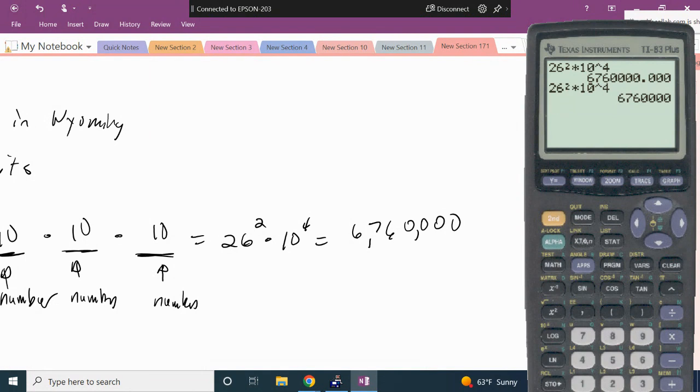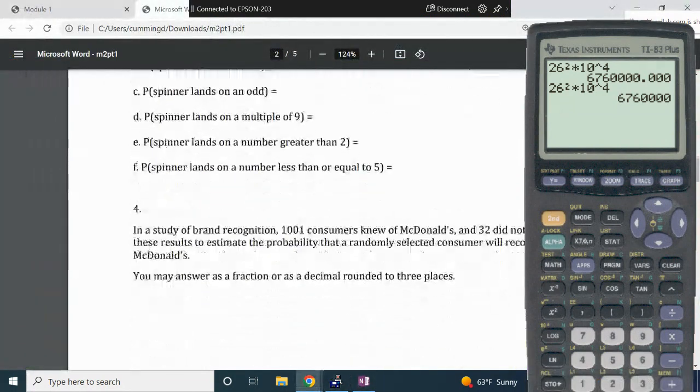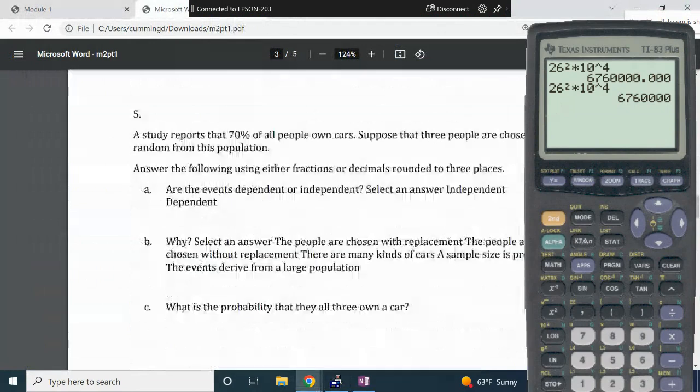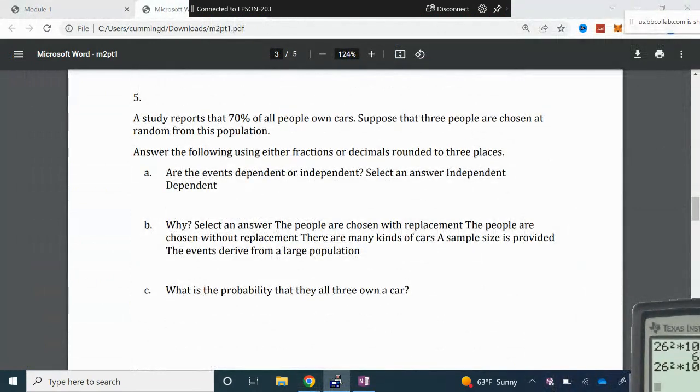The first one is number 5, and this is on the handout. I'm actually going to go through 5 and 6, and then we'll take a look at the rest. This is number 5. It says a study reports that 70% of all people own cars. Suppose that 3 people are chosen at random from a population.